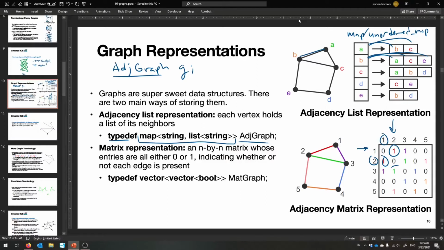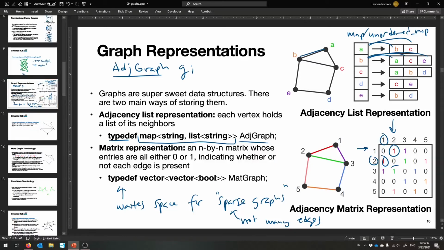And I should say that the matrix representation is used less often because it wastes space for what are known as sparse graphs. This just means graphs where there aren't a lot of edges, and that's most graphs.